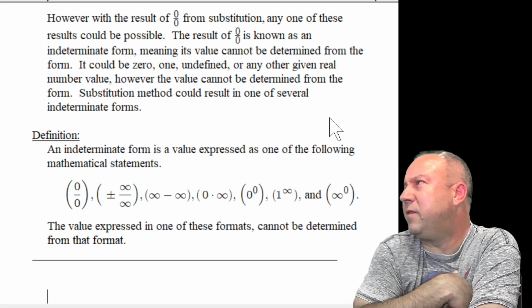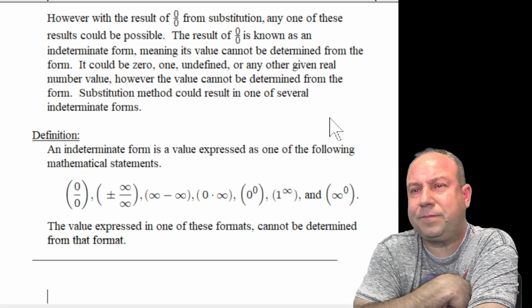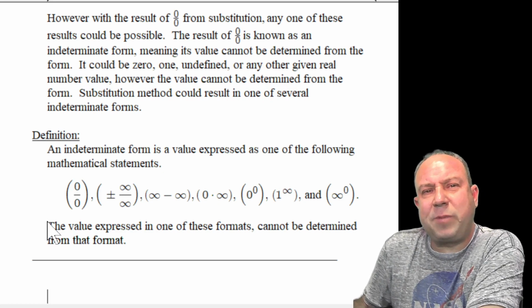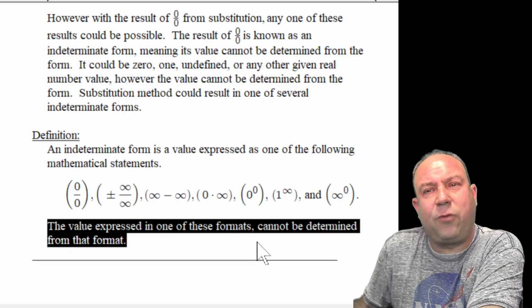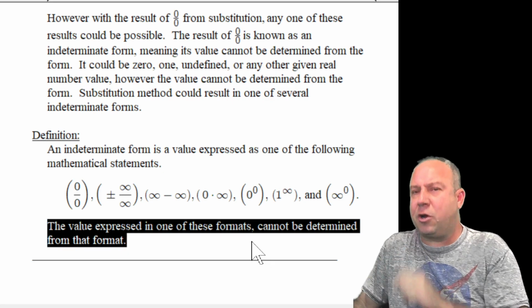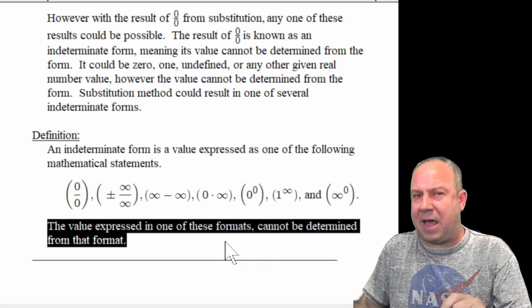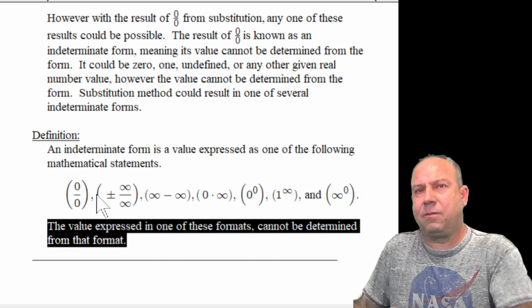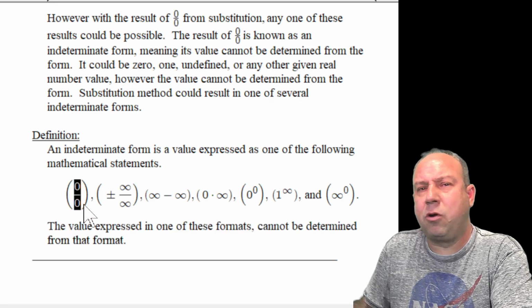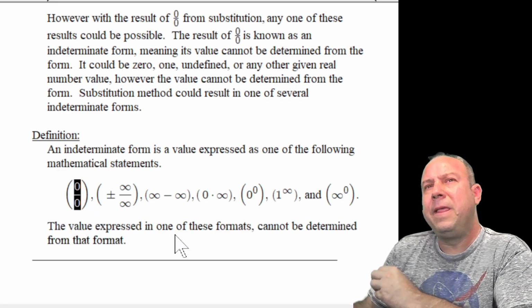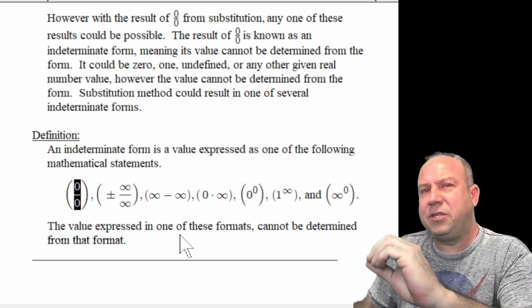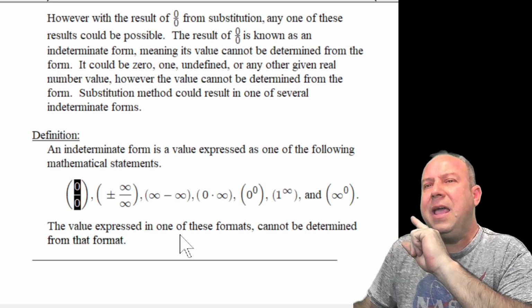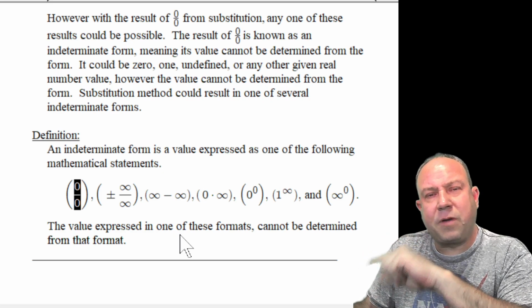And you can see these different statements, right? And then I finish by saying the value expressed in one of these formats cannot be determined from that format, right? That's what we've said about 0 over 0. Its value, when we encounter it in substitution, cannot be determined from that format.